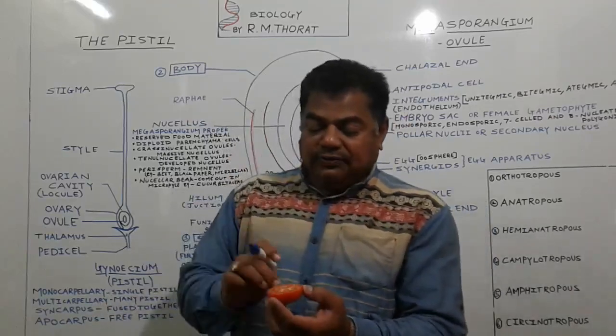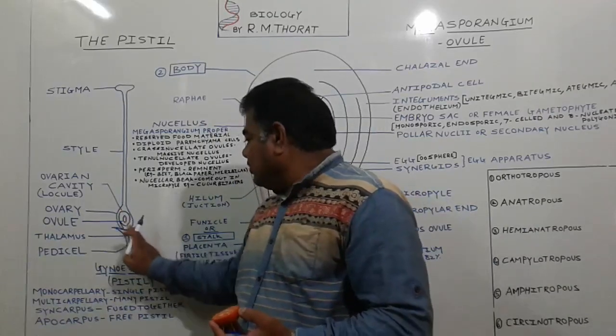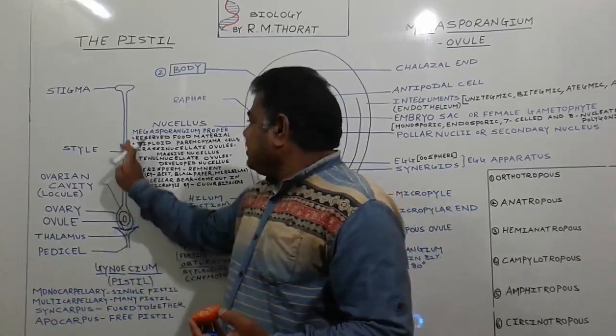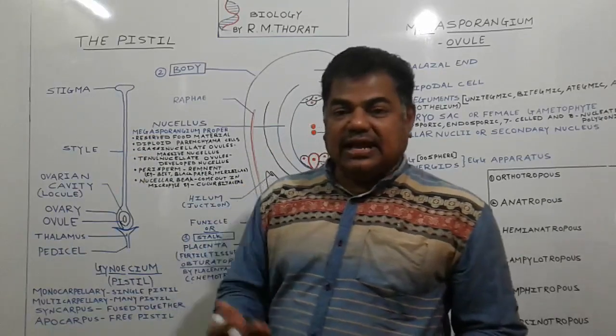1 leaf, second leaf, third leaf, fourth leaf, 5 leaves. Here, these are 5 leaves, fused with each other, and it forms a long structure we call a style.